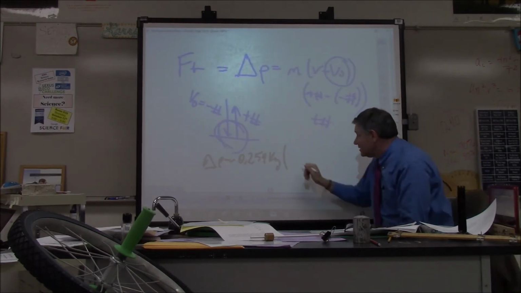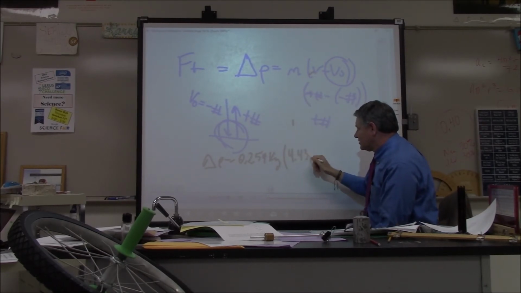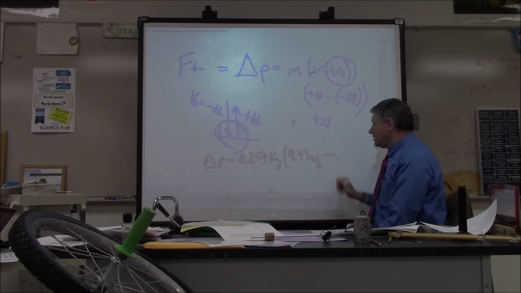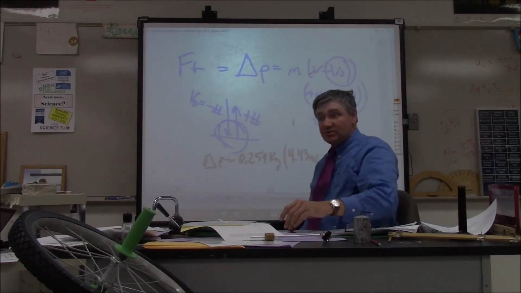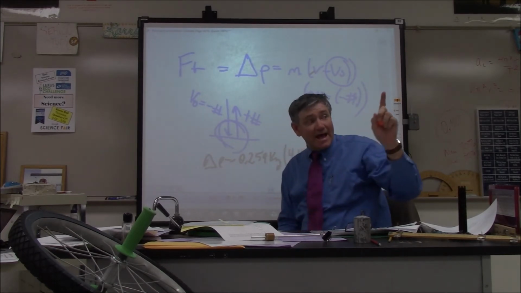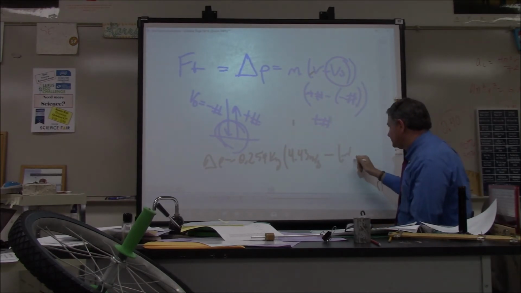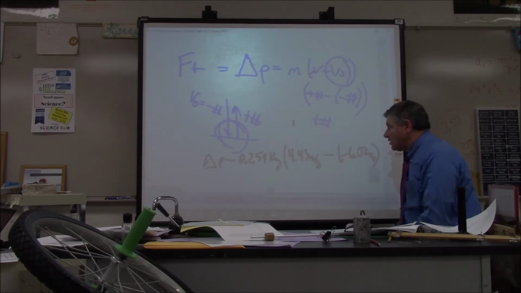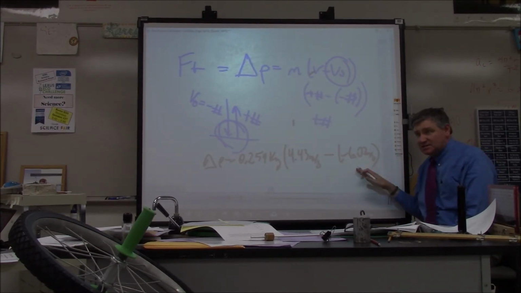Ah, okay. So we're going to have 4.43 meters per second, because that's going to be the velocity when it leaves. But it's going to hit at negative 6.02. So I'm going to have 4.43 minus a negative 6.02.